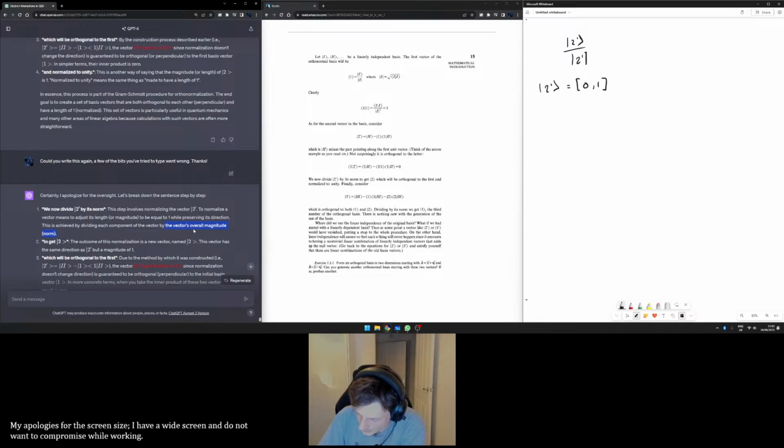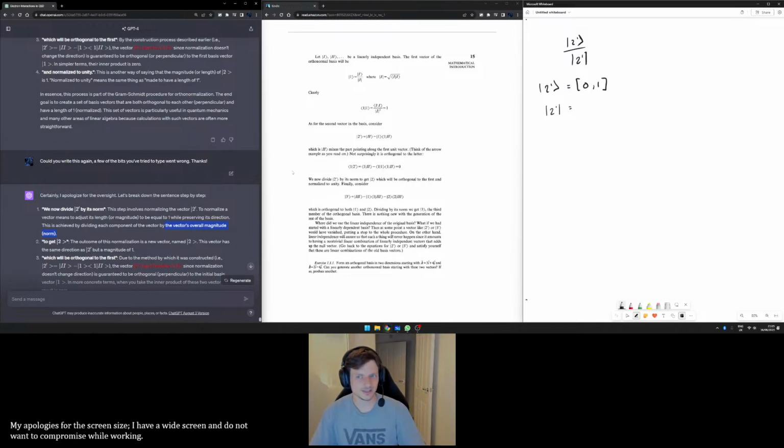Now the magnitude of 2 is going to be equal to, oh gosh, I've forgotten how to do this.